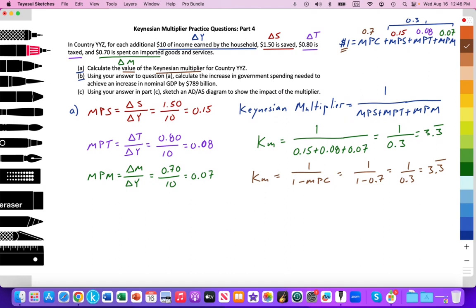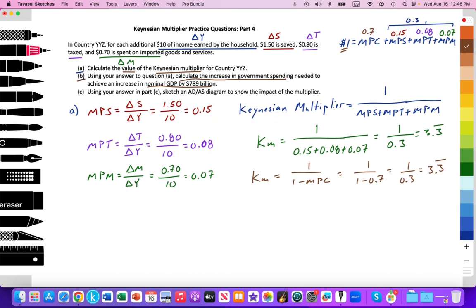Great. Now let's move on to question B. Using your answer to question A, calculate the increase in government spending needed to achieve an increase in nominal GDP by $789 billion. So you want a total increase in nominal GDP of $789 billion.